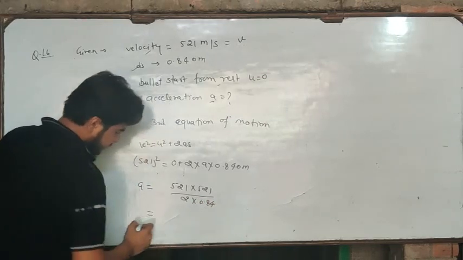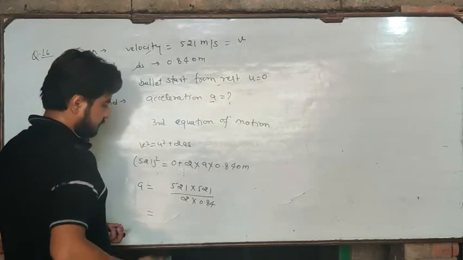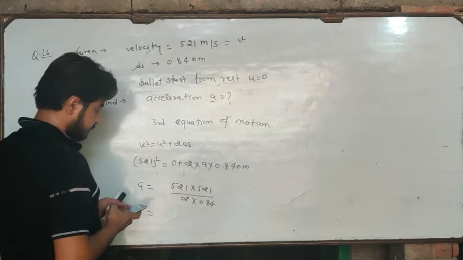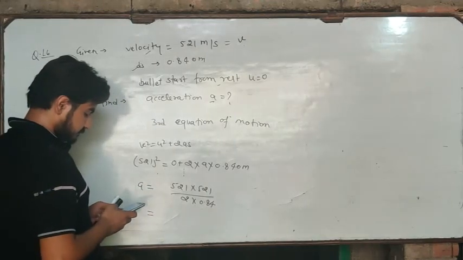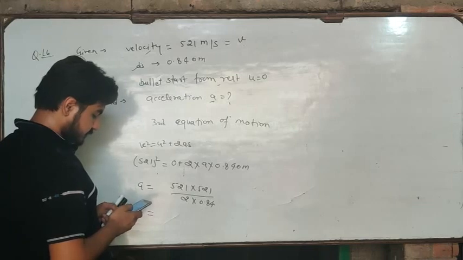Now we solve it via calculator. 521 into 521 divided by 2 divided by 0.84.